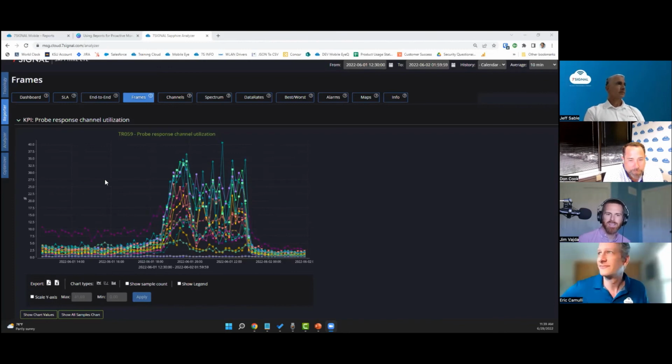A lot of vendors have some high density, special sauce proprietary features. Probably the most common one is a form of probe response suppression. So an AP, if it doesn't hear a probe request above a certain signal strength threshold, it just won't respond.